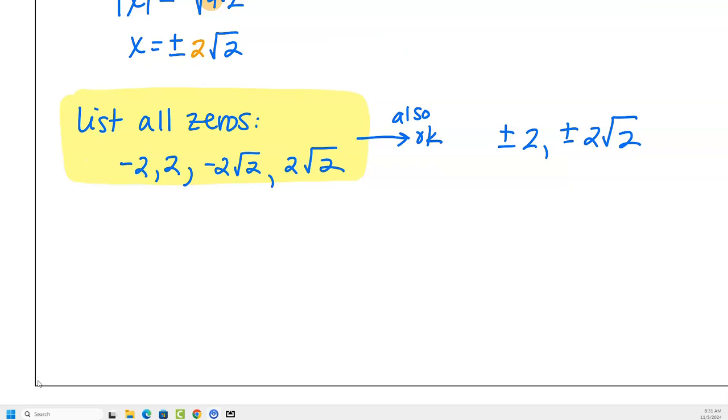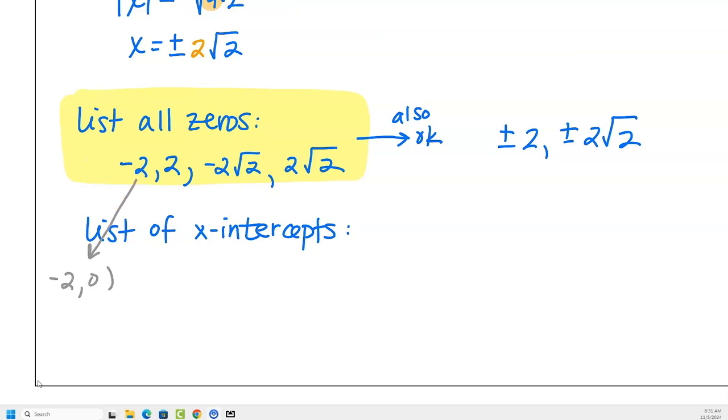The list of the x-intercepts would be negative 2, 0, 2, 0, negative 2 root 2, comma 0.